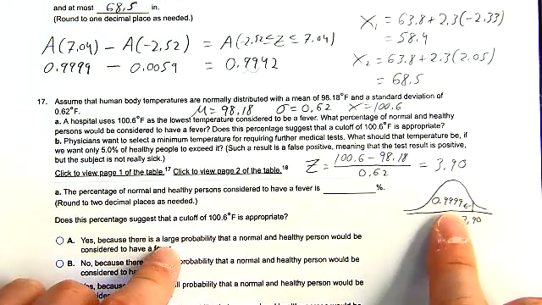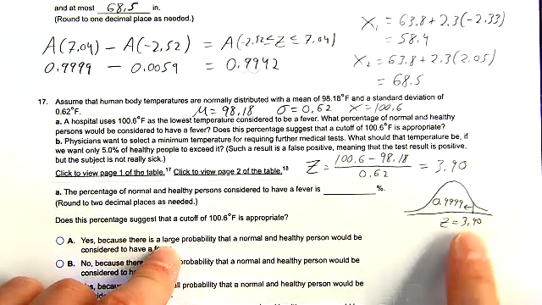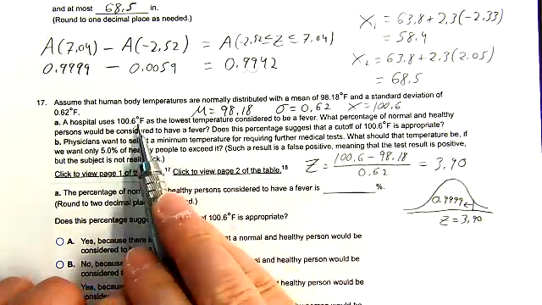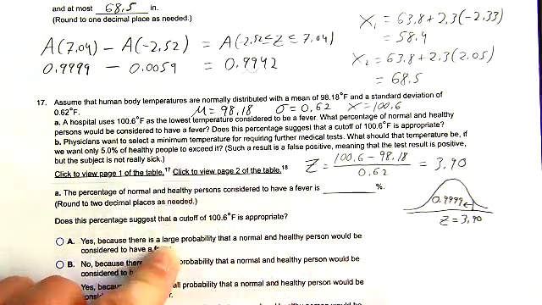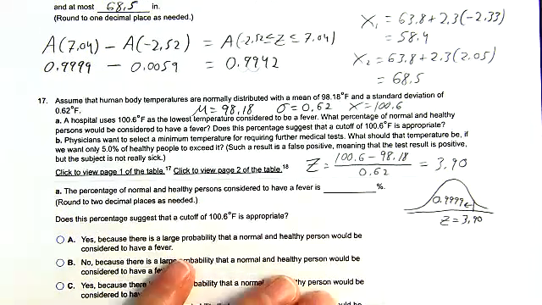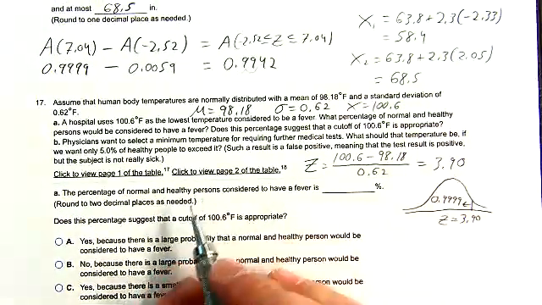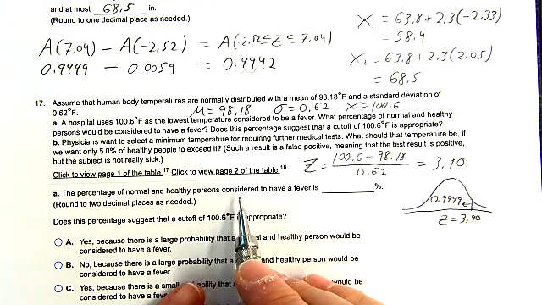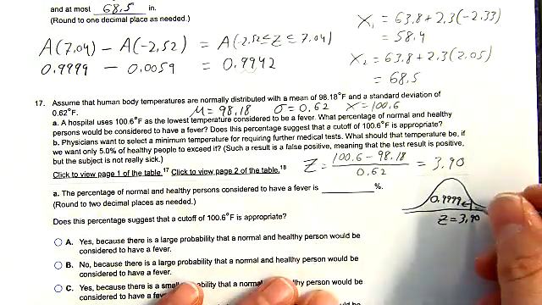So that means 99.99% of people are going to have temperatures below 100.6. So if a person's healthy, but they're still considered a fever, they have to be in this area.